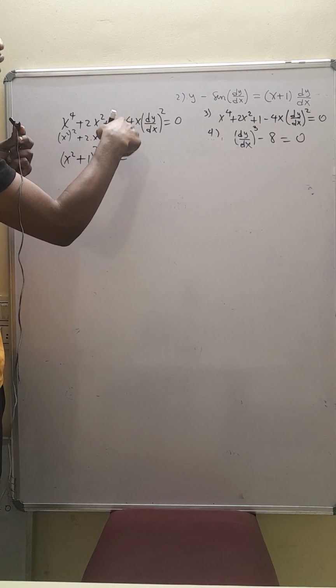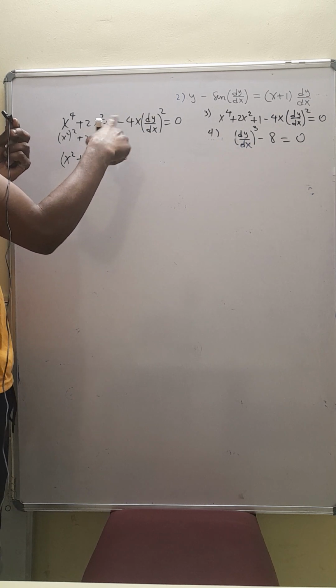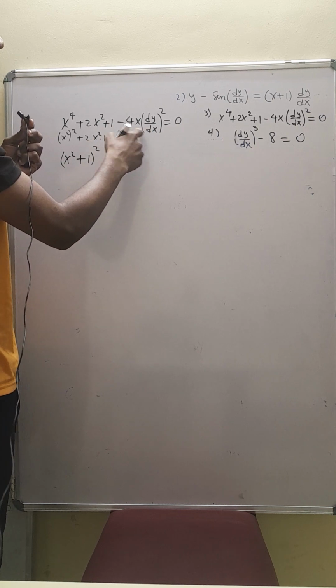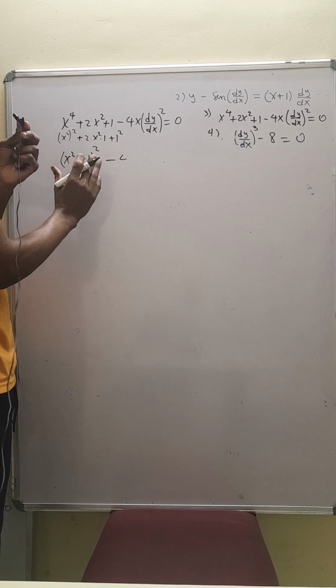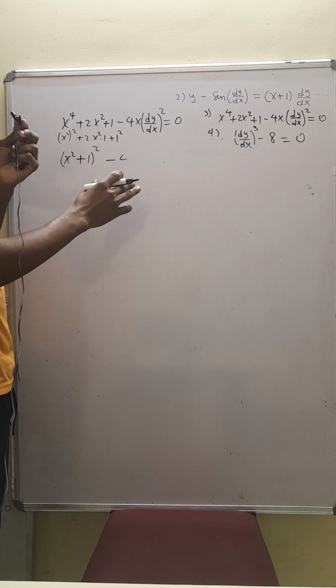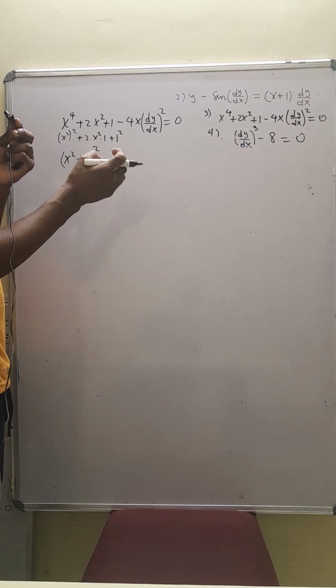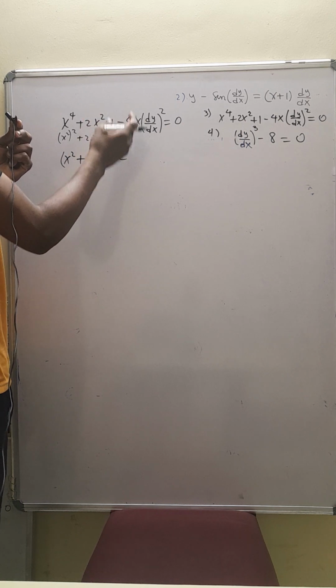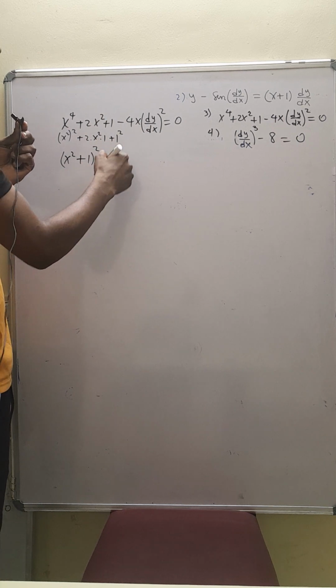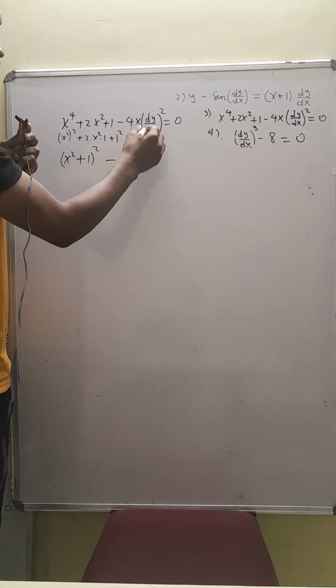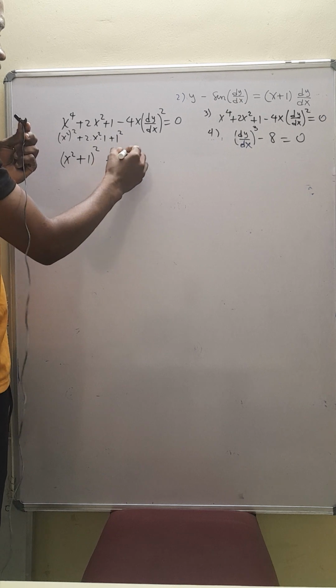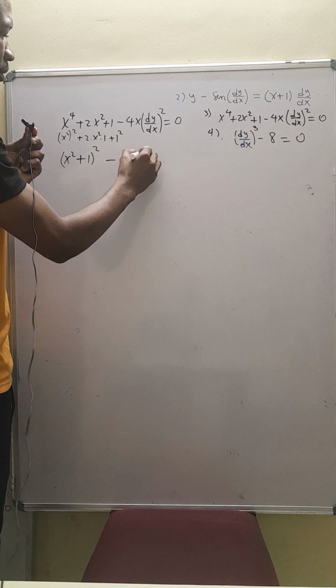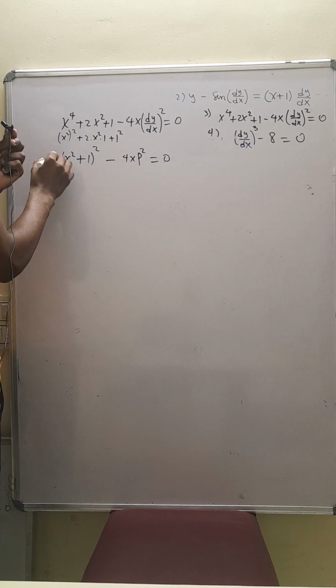This one I can also make a square, so that I can have a difference of squares, and it will be easy for me to factorize and find p as the subject. We know that here it is p, so this one will be 4x p squared equal to 0.